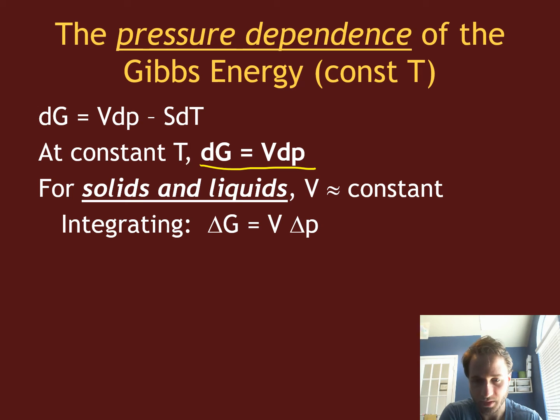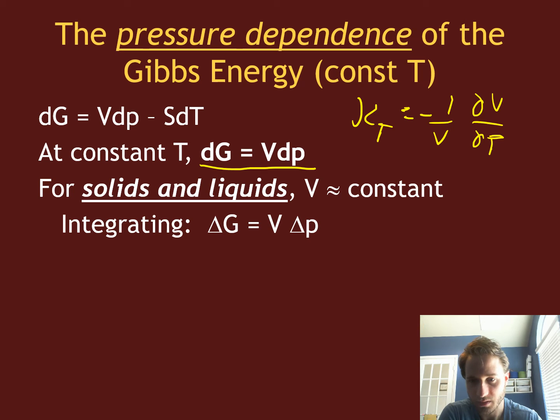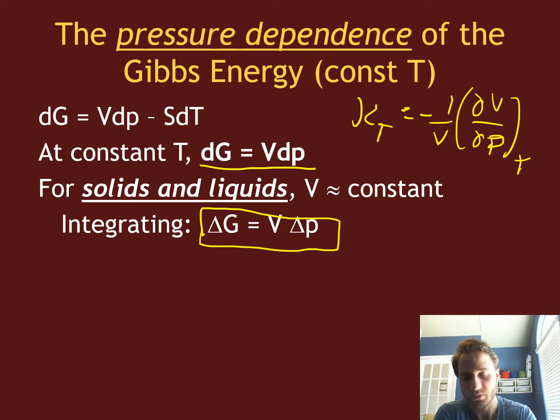That's related to the isothermal compressibility, kappa sub T, equal to minus 1 over V times the partial derivative of V with respect to P at constant temperature, and this is typically a very small number for both solids and liquids, so the volume is effectively constant. Basically, for solids and liquids under constant temperature conditions, the Gibbs free energy increases with an increase in pressure, and it's related by the volume of the system.